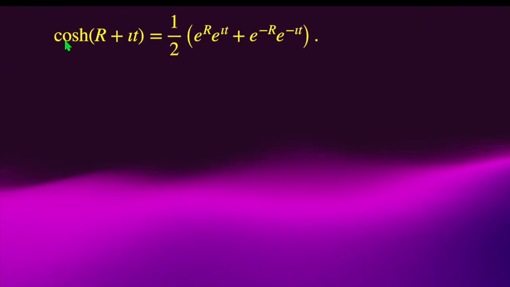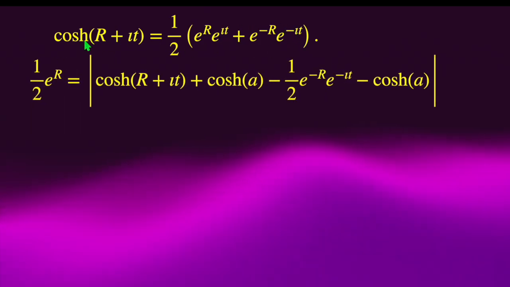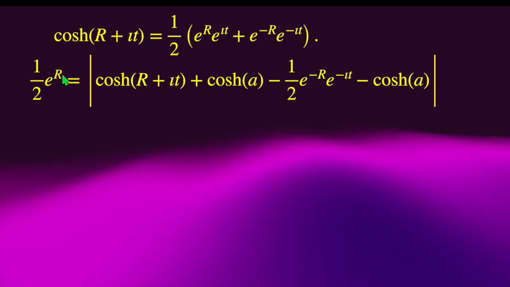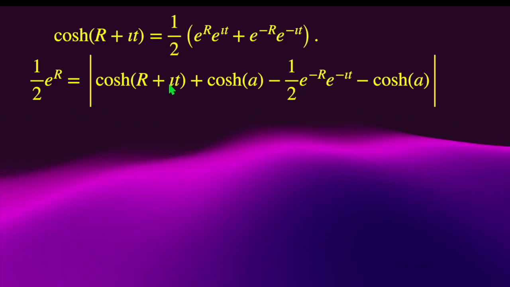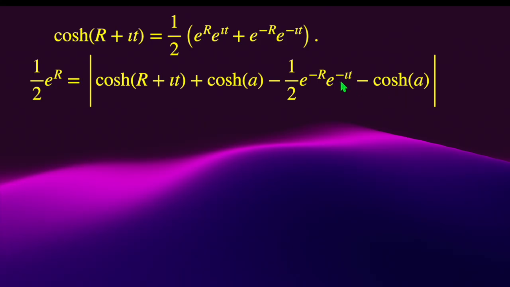So let's go. First, remark that cosh(R plus it) is equal to this quantity. If you take 1 over 2 exponential R, it is equal to this quantity, because here we simplify by this term, and the modulus of the exponential of it is equal to 1, so we have this quantity.